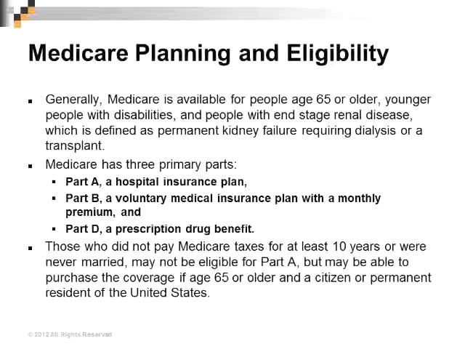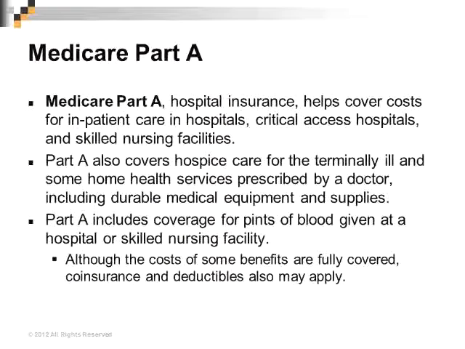Medicare planning, again, I've already sort of discussed this: Part A, Part B, Part D. The important part for Medicare Part A is that it covers hospital coverage, and it also covers hospice care for the terminally ill. It does include, in a hospital or skilled nursing facility, some pints of blood.